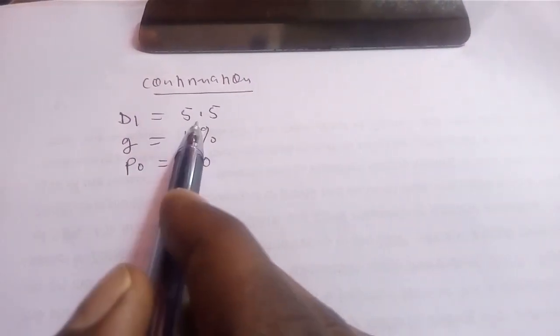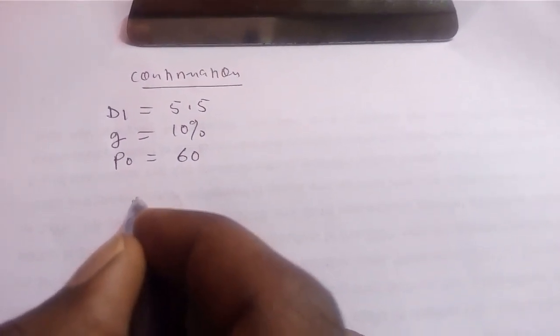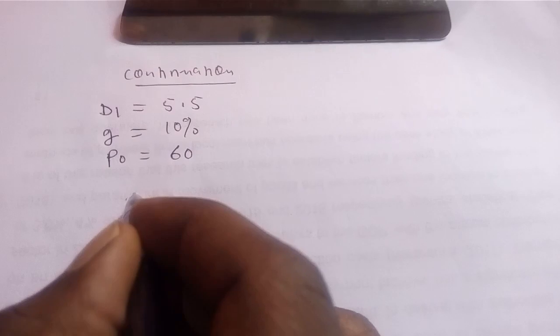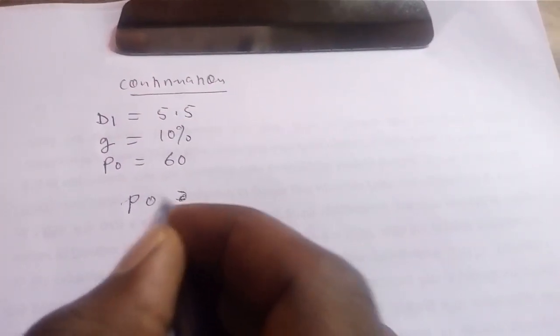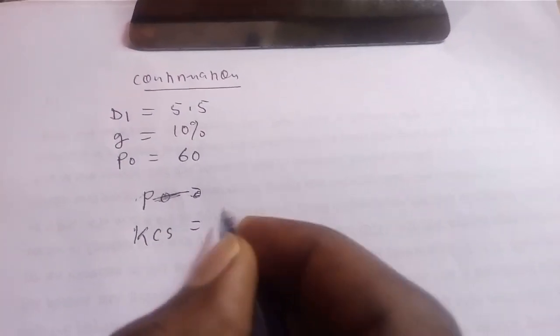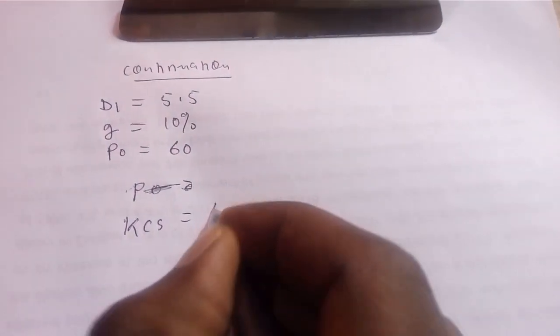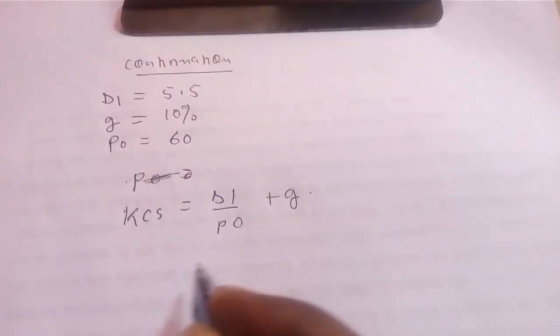So after we have estimated our expected dividend, we can now apply the constant growth model formula, or the dividend growth formula, which is cost of common stock is equal to D1 over P0 plus the growth rate.